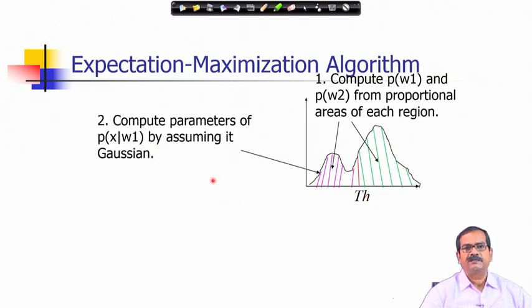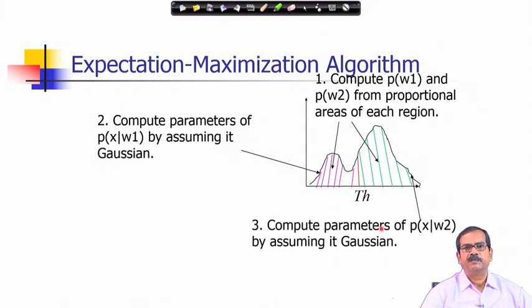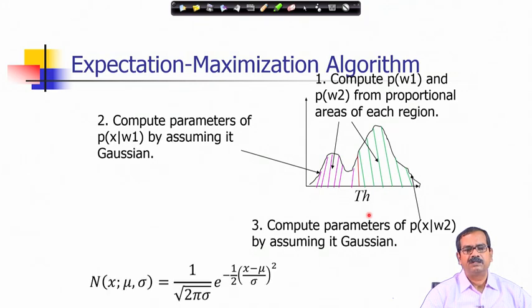After that, we can concentrate only on these classes, and from there we can compute the parameters of the probability of x given W1 by assuming it is Gaussian, and similarly the parameters of the probability of x given W2, also assuming it is Gaussian. If I look again at the Gaussian distribution function, there are two parameters: one is mu, the mean of the distribution, and the other is sigma, the standard deviation of this distribution.